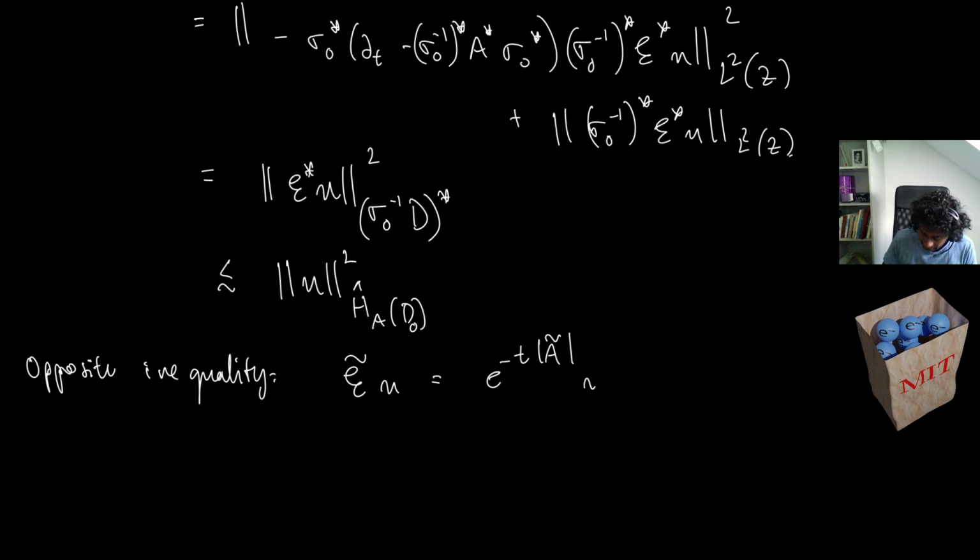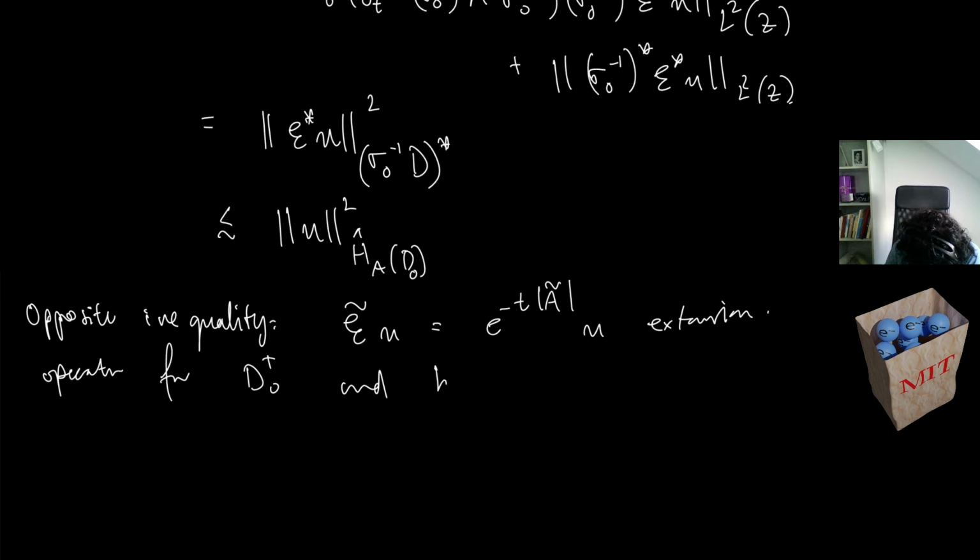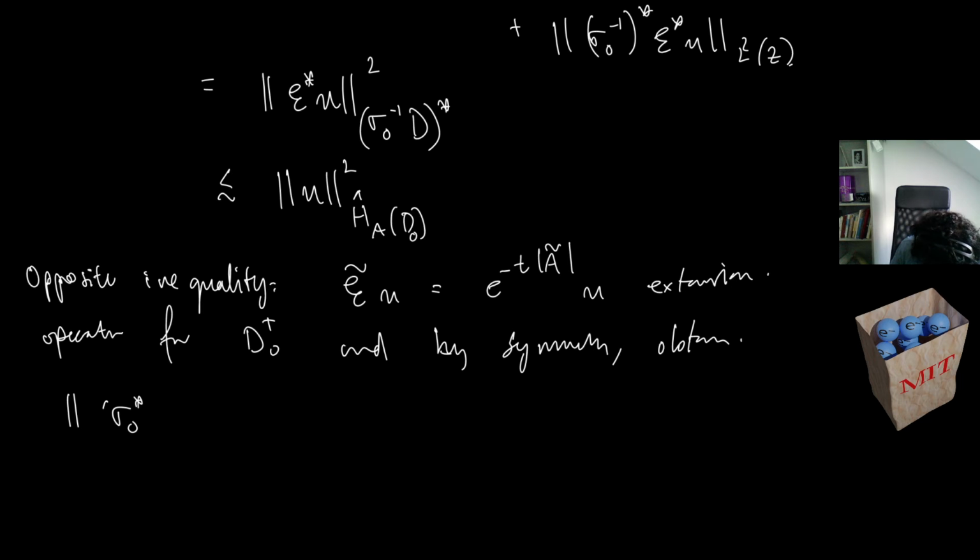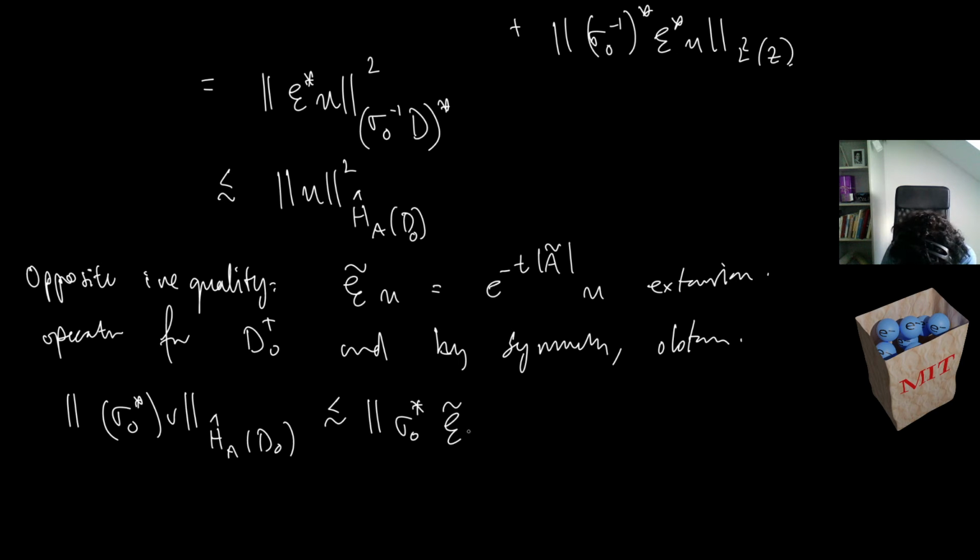This is the extension operator for the formal adjoint, and so by symmetry we obtain sigma naught star of v in H hat A of D naught is bounded now by sigma naught star E tilde of v, inverse D naught star, which is going to be bounded now by v in the H A, nope, this is H A tilde check D naught.